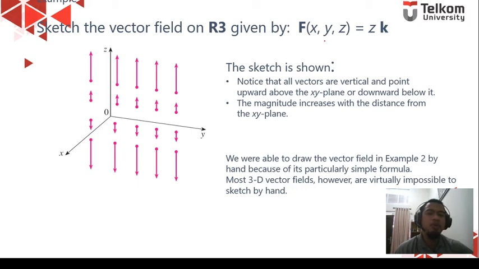For any value of x and y, when the condition z equals 0, the vector field should be 0. So in here, there is no vector field. But when for any value of x and y, but z equals 1, the vector field should be 1. So this one 1, 1, 1, 1, here 1, 1, 1, and others.